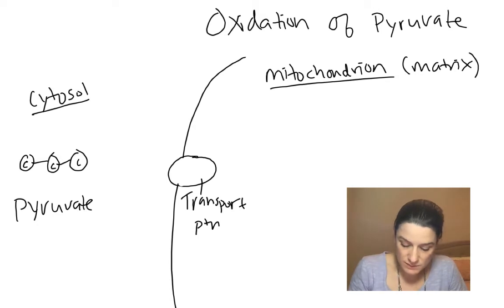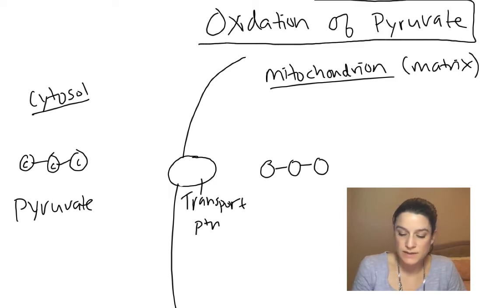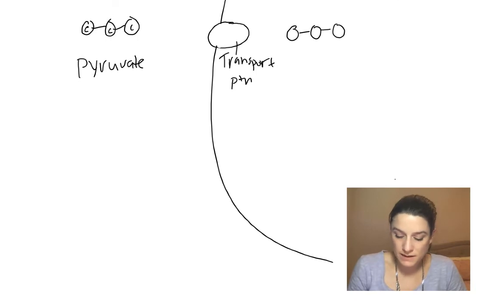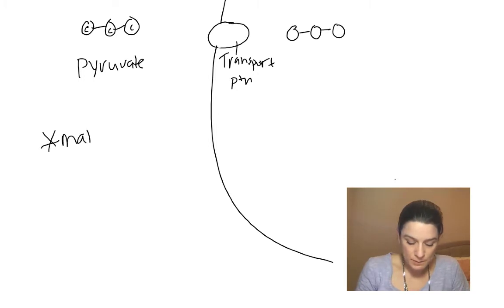Okay, so once pyruvate gets inside, why is this happening? There are a couple of reasons oxidation of pyruvate is useful. One of them is to make the molecule reactive. Remember, one of the key points is you can make a molecule reactive.